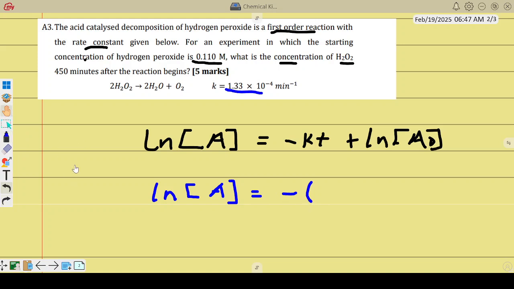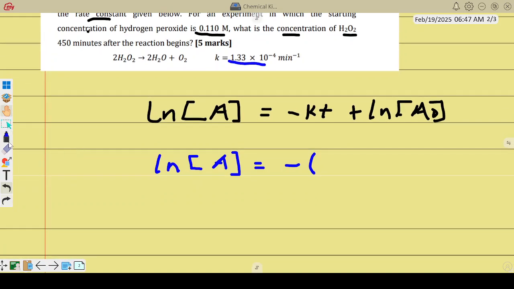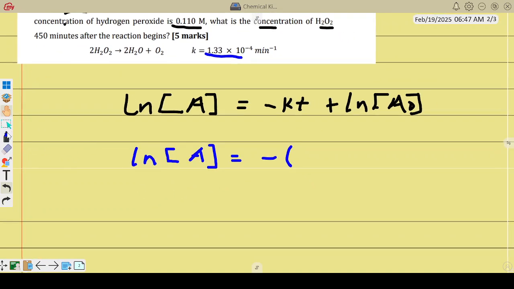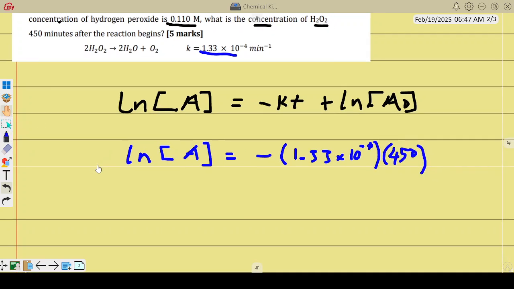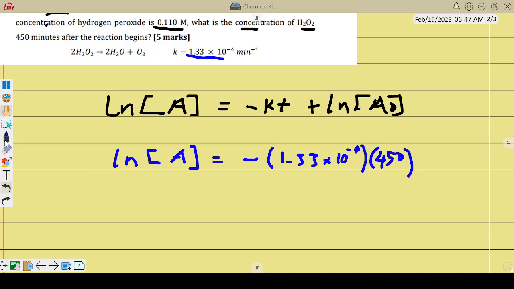What is the value of k? The value of k is 1.33 times 10 power negative 4. And then our time is 450 seconds, or minutes.